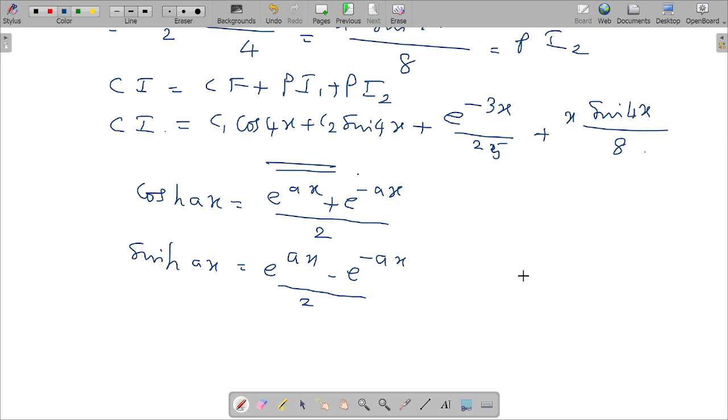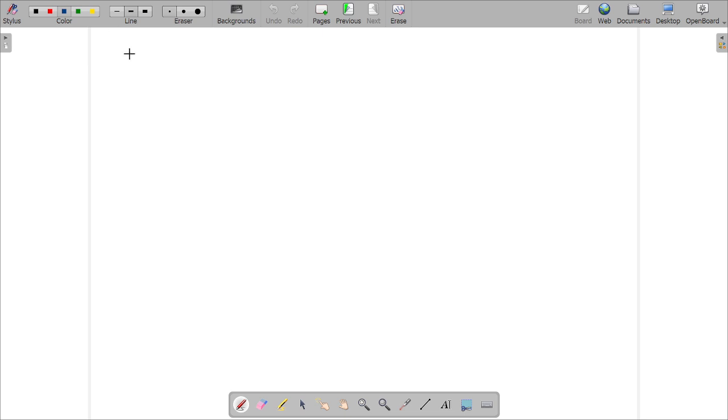Now we can go for type 3. So type 1 is exponential, type 2 is trigonometry, type 3 is algebraic.